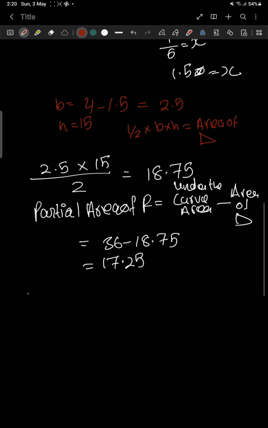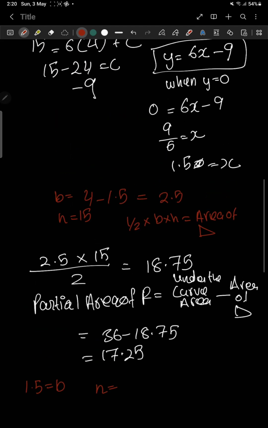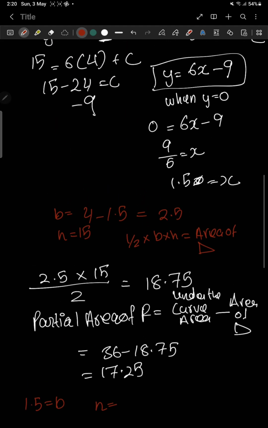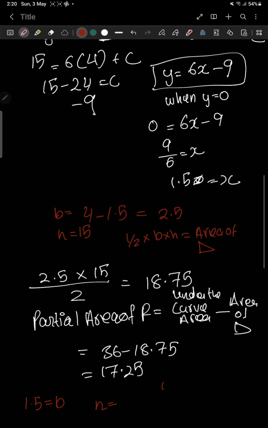So 1.5 is our base. Our height is the y-intercept of 6x minus 9, which is just minus 9.